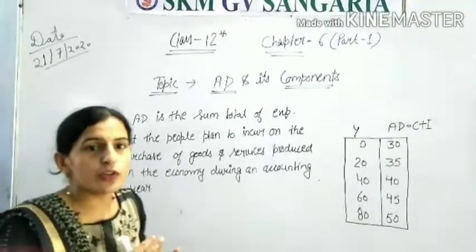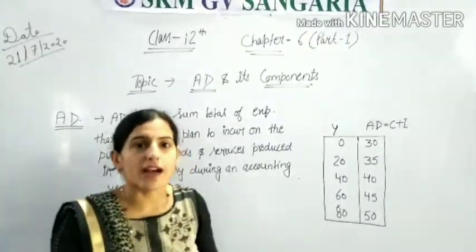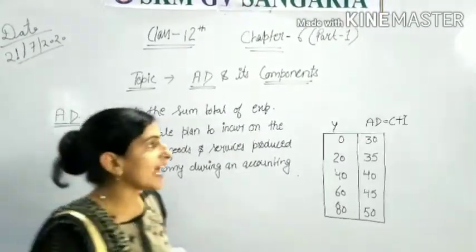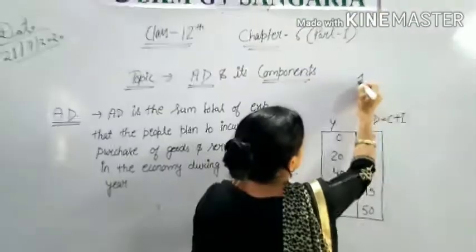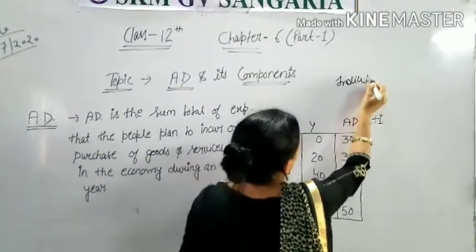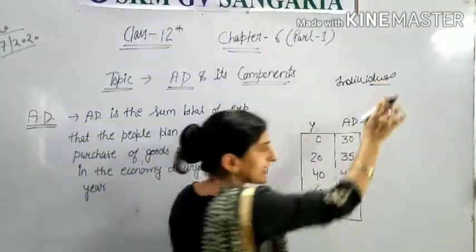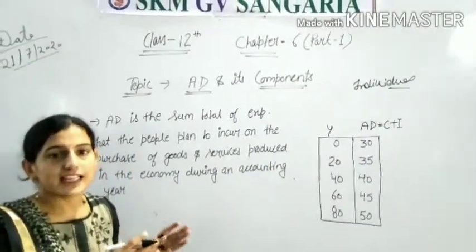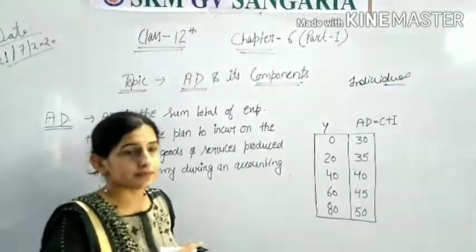In micro you have studied individual demand, like the demand of a person or a consumer, but if we add up all these individual demands, then we will get an aggregate schedule of demand, that is called aggregate demand.